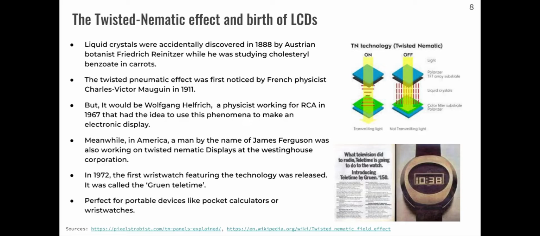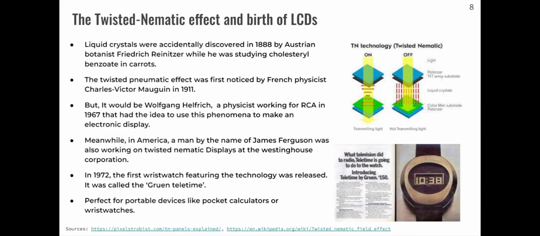Also at this time, Brown, Boveri and Cie, short for BBC, was also working with the devices as part of a prior joint medical research agreement with the Hoffmann-La Roche lab. BBC demonstrated their work to a physicist from the US who was associated with James Ferguson, who was an expert in liquid crystals at the Westinghouse Research Laboratories.